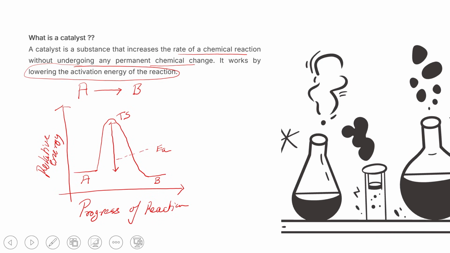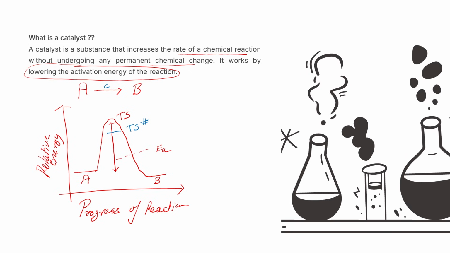Now, suppose in this reaction you are adding an external catalyst, let me say C. In that case, when you add an external catalyst, the energy required to cross the barrier decreases. So an alternative transition state, that is TS hash, is getting generated.